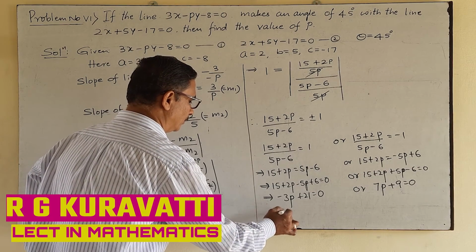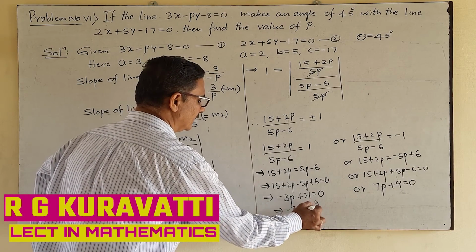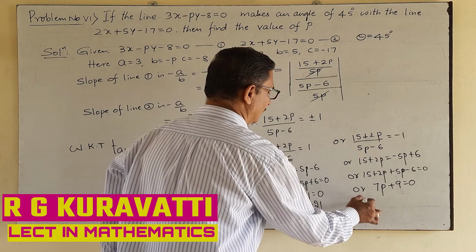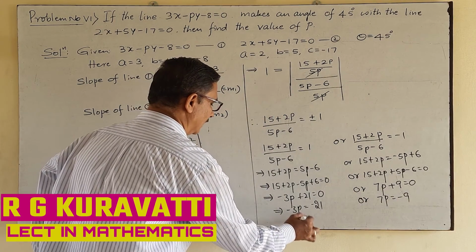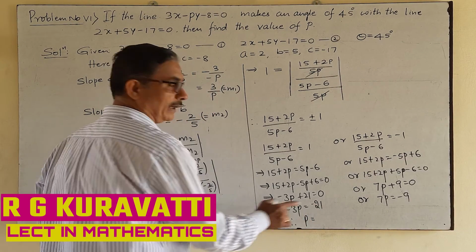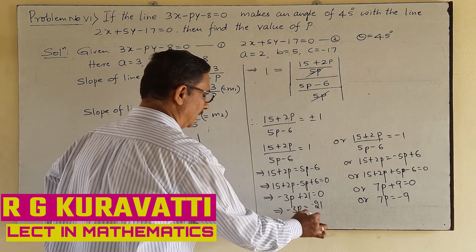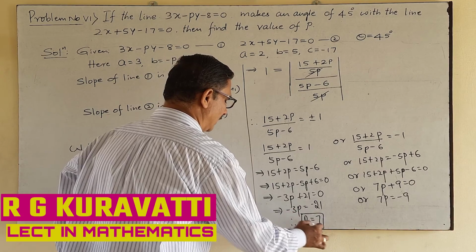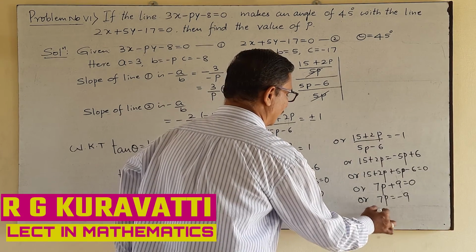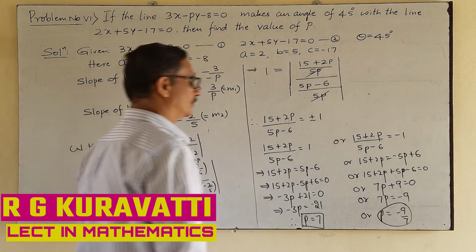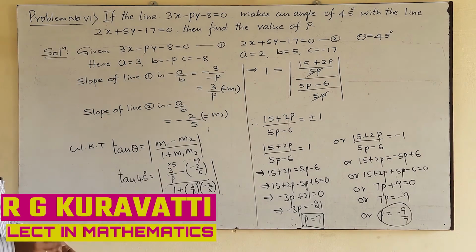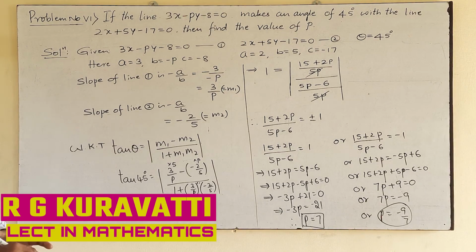So this implies minus 3p is equal to minus 21, or 7p is equal to minus 9. Therefore p is equal to, dividing by minus 3, minus 21 divided by minus 3, 3 sevens are 21, that is 7, or p is equal to minus 9 by 7. So the p value is either 7 or minus 9 by 7.